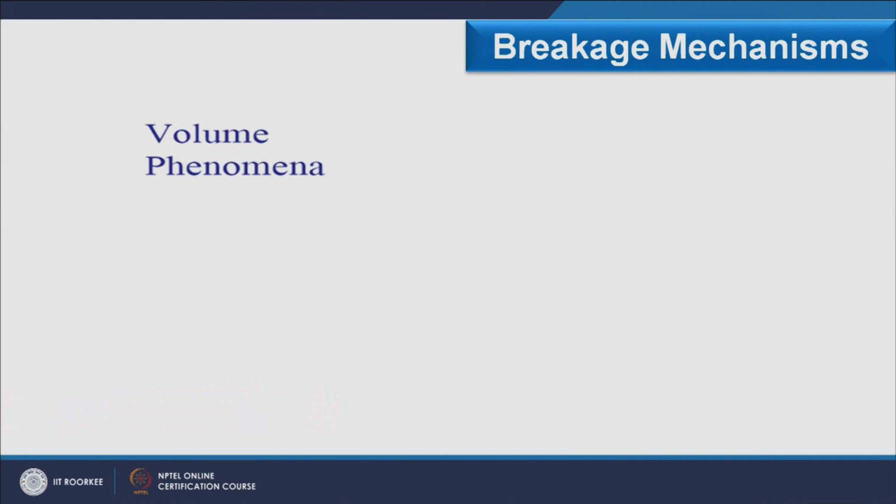Now, here we will discuss the breakage mechanism. Previously we discussed breakage patterns, by which means the particle breaks, and here we look at the mechanism we follow for breaking. The first phenomenon we call volume phenomenon. For example, if I have this particle of irregular shape, we call it the parent particle.